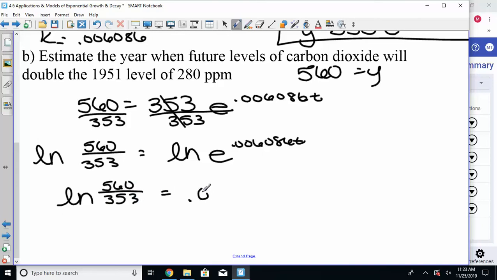So the exponent comes down. ln of e. We know the ln of e is 1, so you could choose to drop that. So you just have to divide by your k.